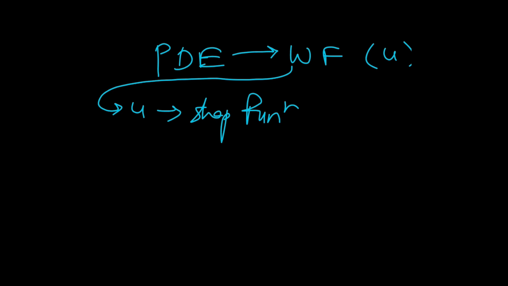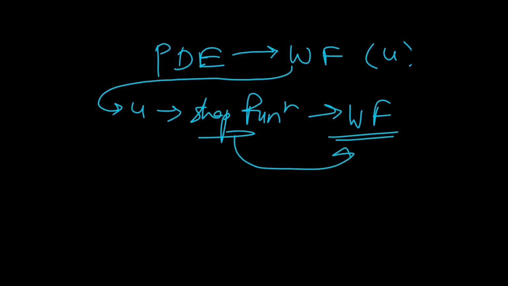After converting into the weak form, we assemble the whole U and likewise into the weak form, and at the end we get a magical solution, which is nothing but K U equals F.